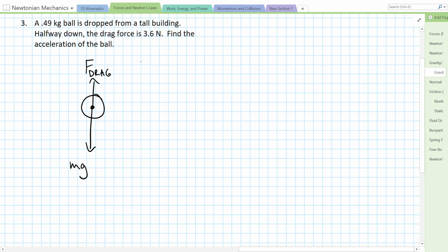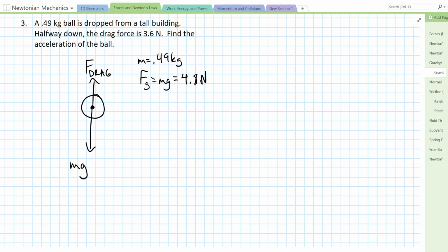We are given the mass is equal to 0.49 kilograms. And so we can find the force of gravity. The force of gravity is equal to mg, which is equal to 0.49 times 9.8, 4.8 newtons.